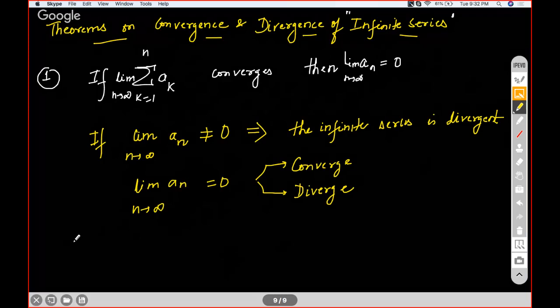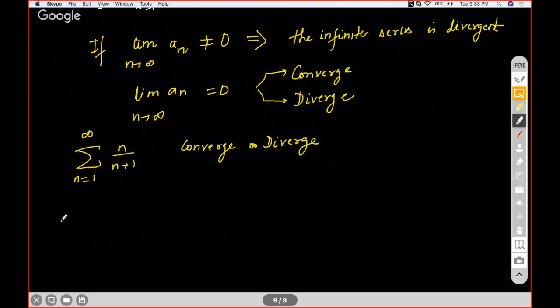Now, if you have an infinite series where you are summing this, does it converge or diverge? Shreya?